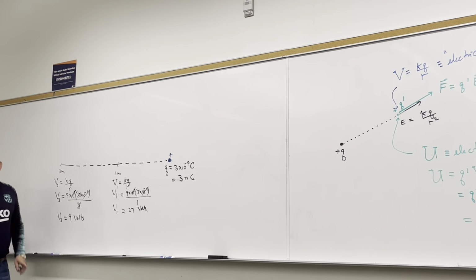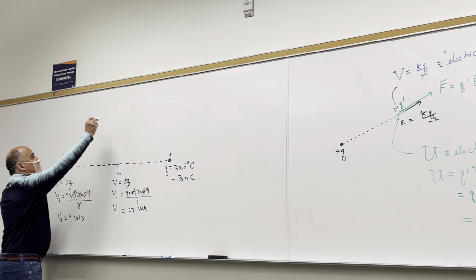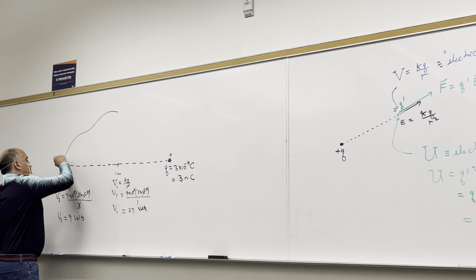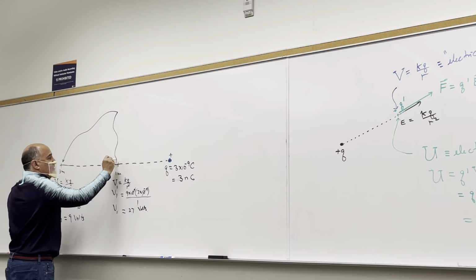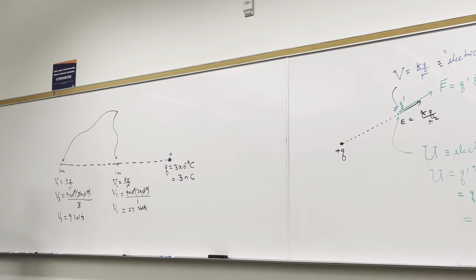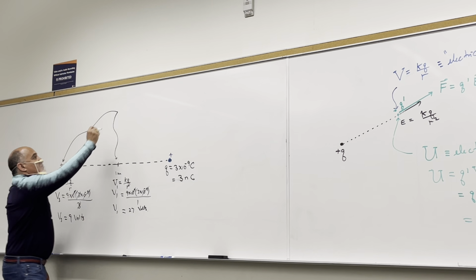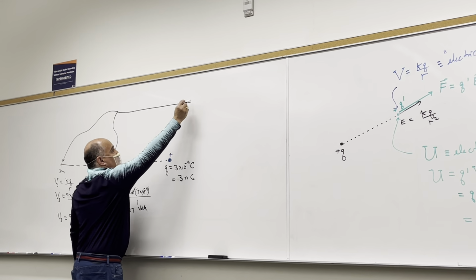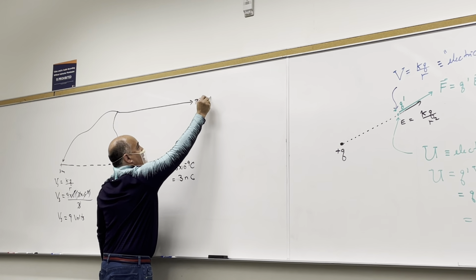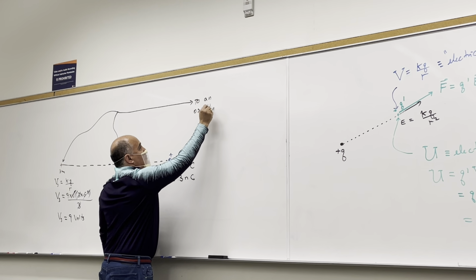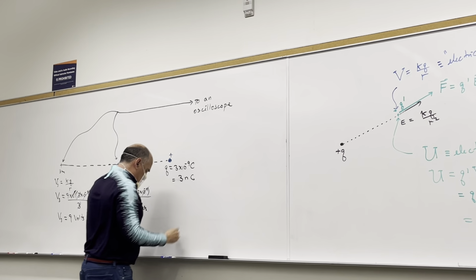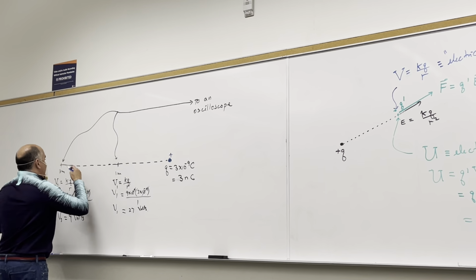Now, if I measure the difference in potential here and the potential over there, suppose this is connected to an oscilloscope. This is the red one.